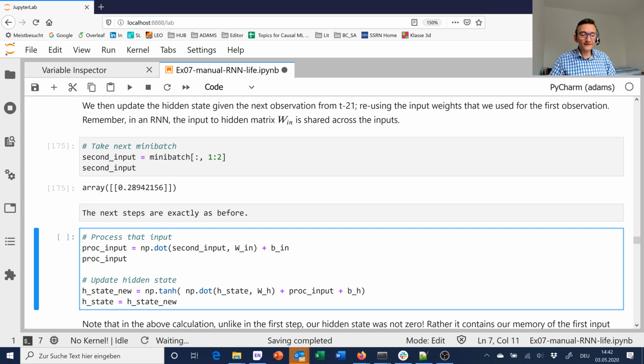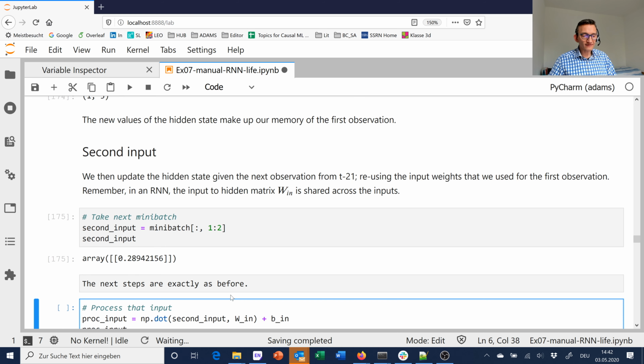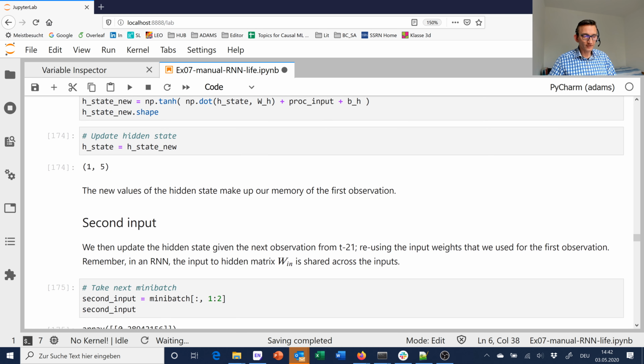And what's noteworthy here is that in the second step, unlike the first step, H state will not be initialized to 0 anymore. When calculating that, as we have seen above, H state now has a non-zero value. We were just looking at the shape.